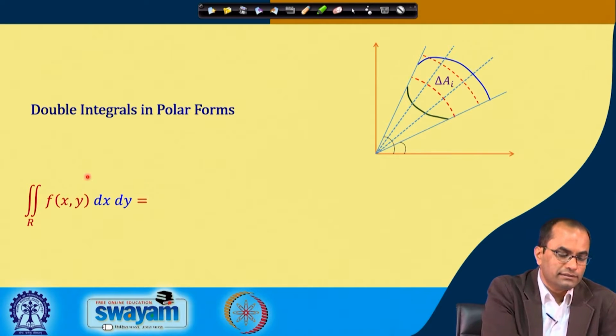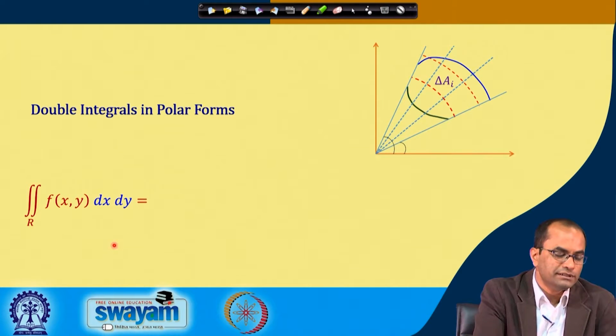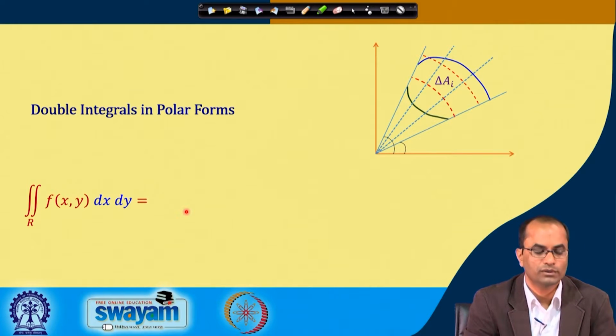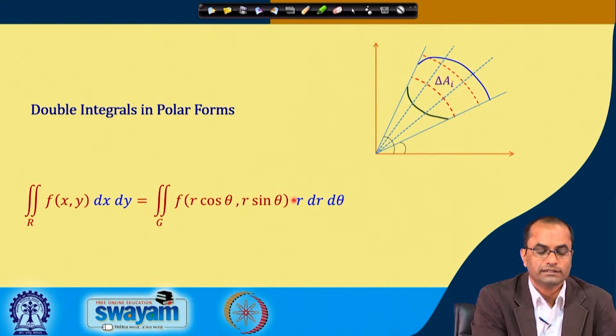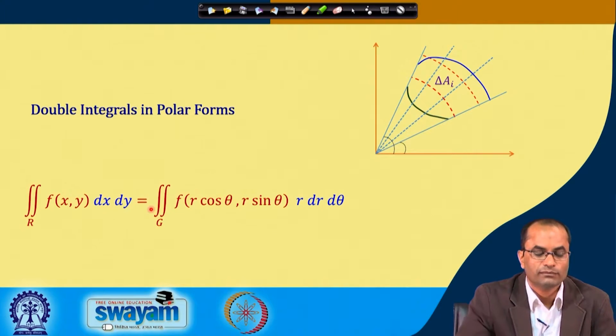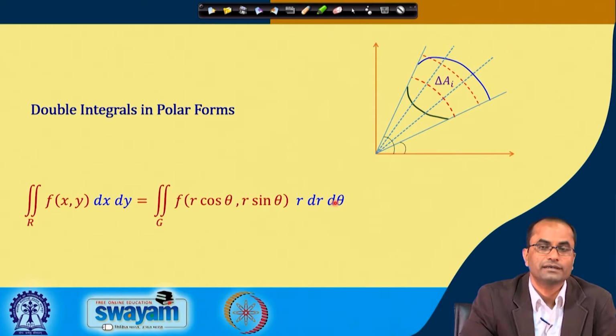And in that case, the whole idea was that if we have the integral here in the Cartesian coordinate, we can convert into the polar coordinate by just substituting x and y with r cos theta and r sin theta, and this dx dy will become r dr d theta.